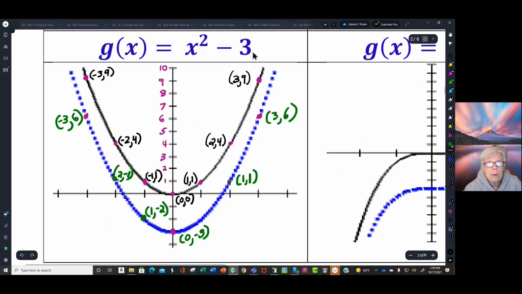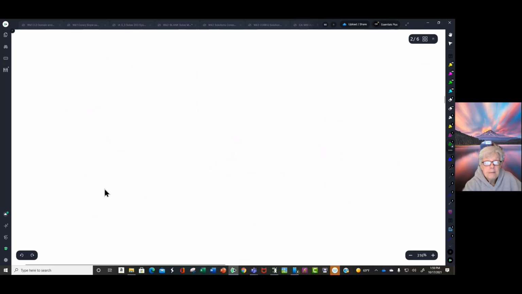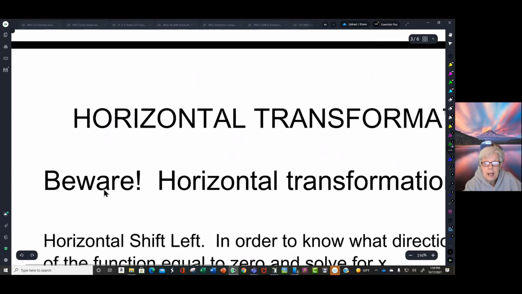Either way, you get -3, or -4, or -5. So let's just say subtract a positive number from the y coordinates. That physically moves your graph down. And that's it for vertical transformations.